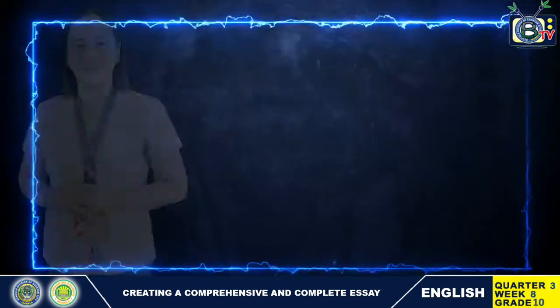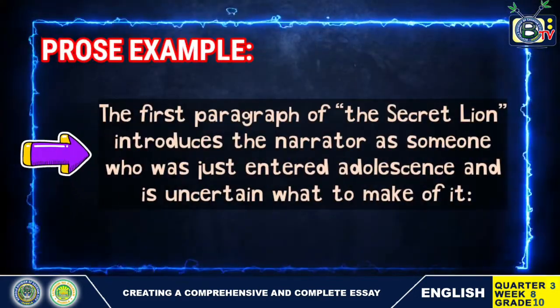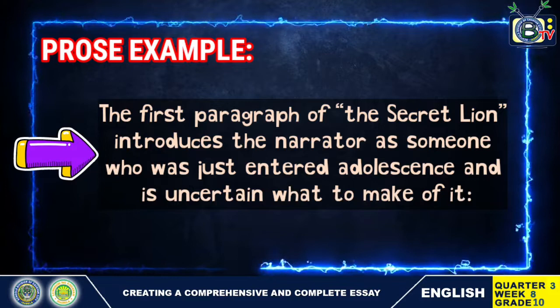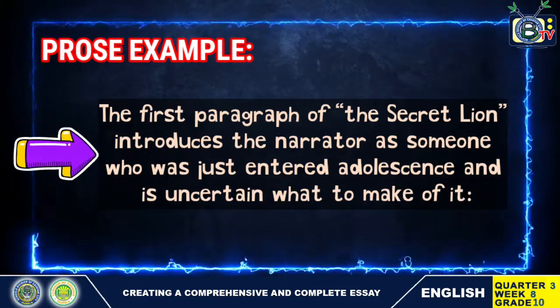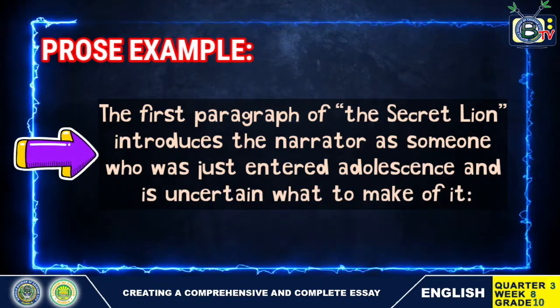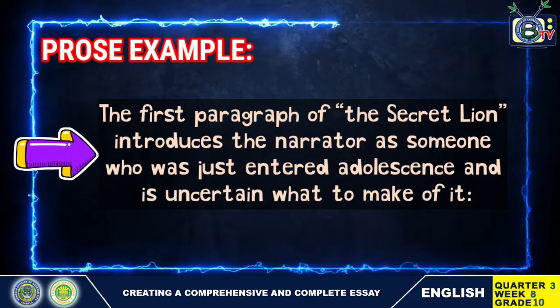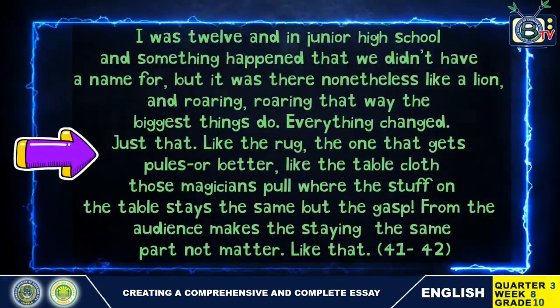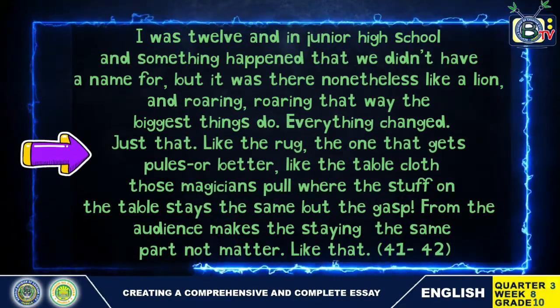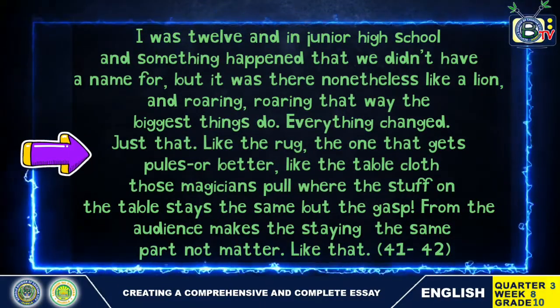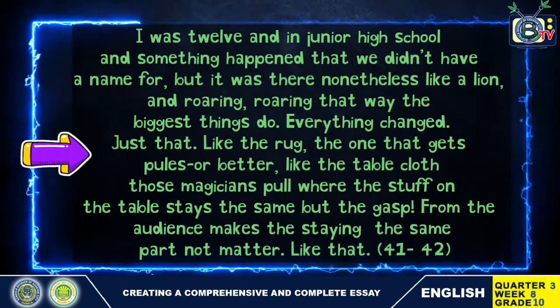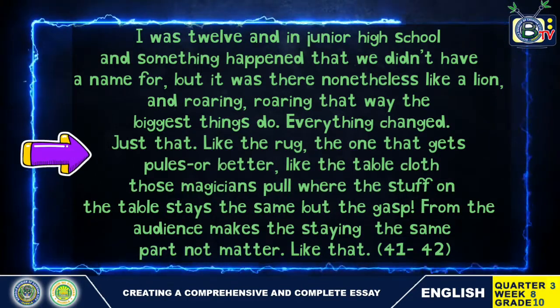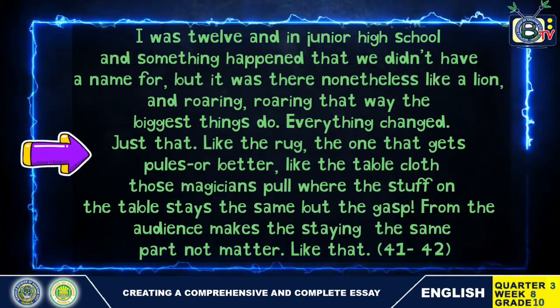Prose example. The first paragraph of The Secret Lion introduces the narrator as someone who has just entered adolescence and is uncertain what to make of it. I was twelve and in junior high school and something happened that we didn't have a name for. But it was there nonetheless, like a lion roaring, the way the biggest things do.